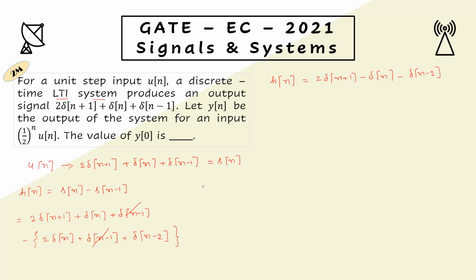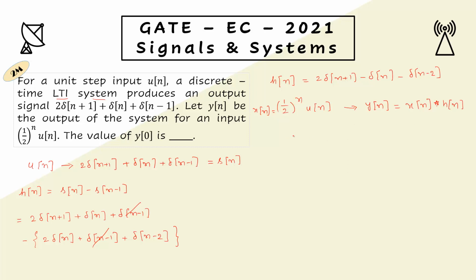Okay, so we have evaluated the impulse response of the system, but what is the question? If you give 1 by 2 power n u of n as the input, let me call this x of n in regular terminology. Whatever output we get, let us call that y of n, and we know that y of n is nothing but x of n convolved with h of n.